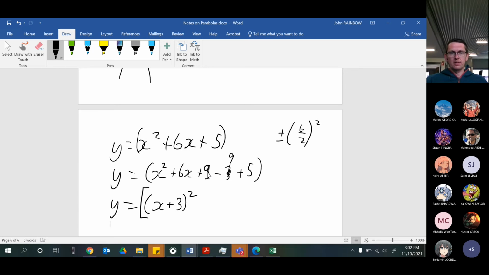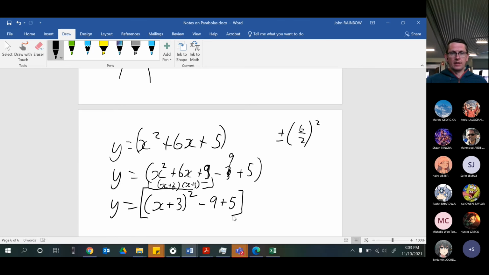And because that is going to make x plus 3, this will factorize to x plus 3, just this section here. So really, it's just the half of that that becomes it. And then the square of it is taken away from it. Minus 9 plus 5.